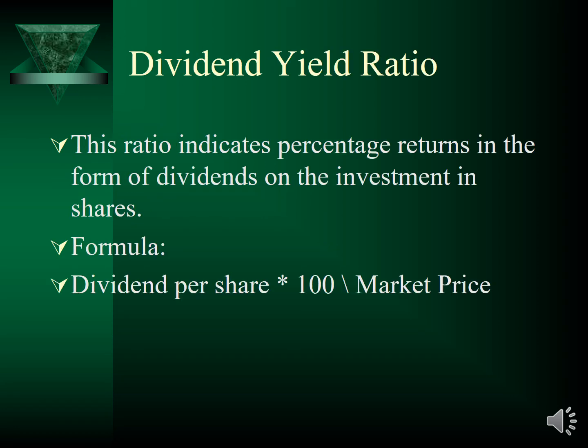And now we consider the dividend yield ratio. This ratio considers the return that is available to the investors in the stock market. So the formula is that we got the dividend per share and we got the market price. We divide the dividend per share by the market price to find out what the dividend yield is to the investor in the stock market.